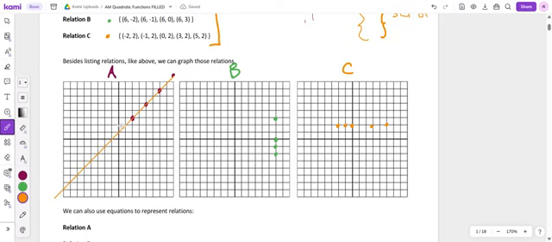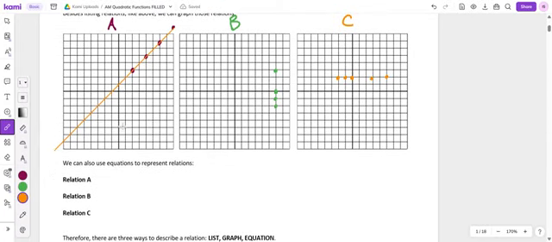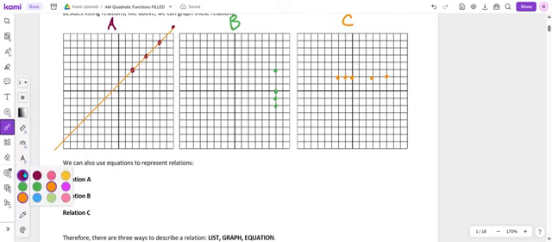Go ahead and try to figure out the equation. So we're thinking y equals mx plus b. If you're not sure, you can at least find the b. What's the y-intercept?